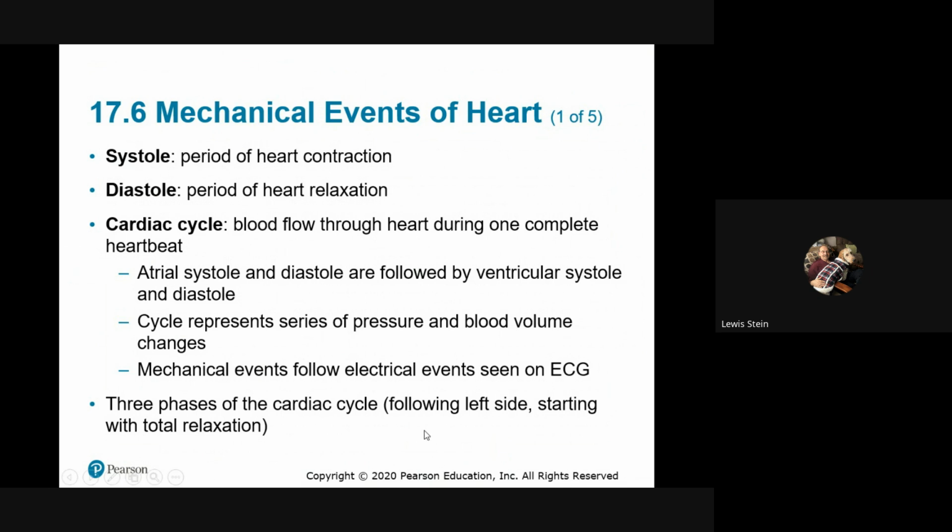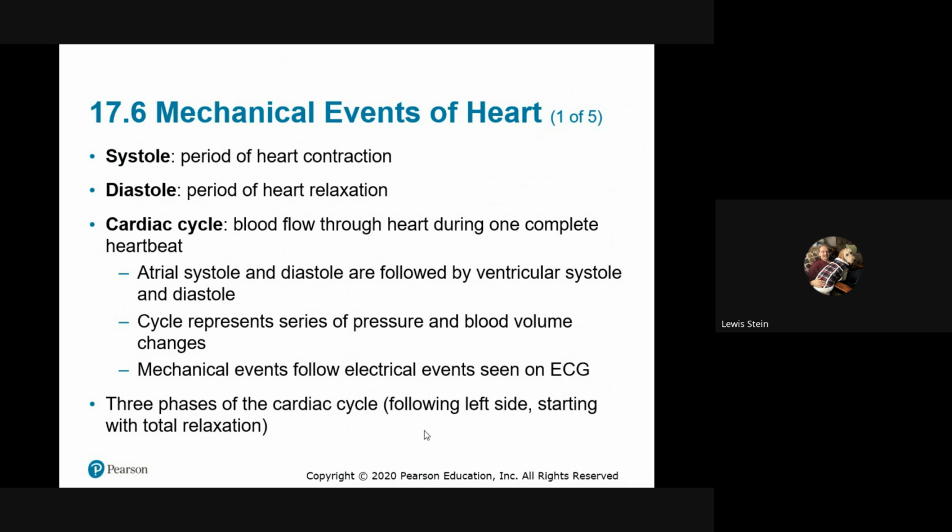By definition, the way we frame looking at the cycle, we start when it's relaxed. And when it's relaxed, the heart's filling. At that point, the aortic and pulmonary semilunar valves are shut. That means the blood is being allowed to return because there's no pressure per se in the atria or in the ventricles of any consequence.